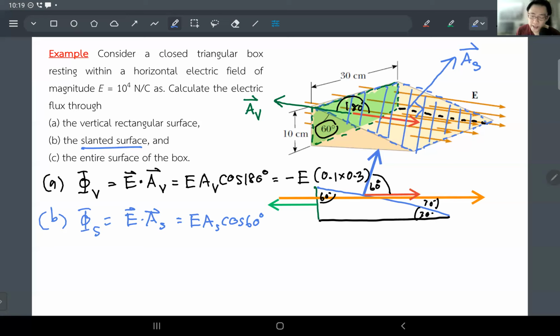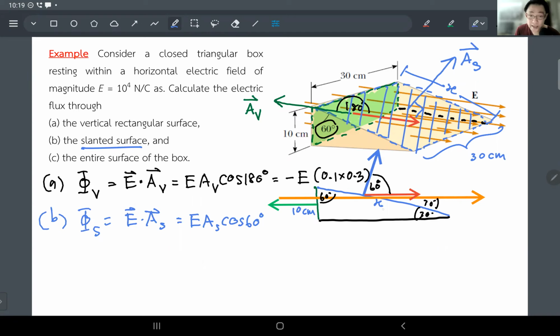Okay, so if you want this size, you know the length already over here, that's 30. So what you need is the hypotenuse, right? You want the length of this side over here. Let me call it X for now. You know that adjacent to 60 degrees, this is 10 centimeters. You guys with me?